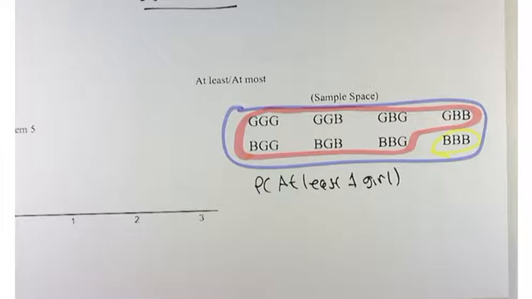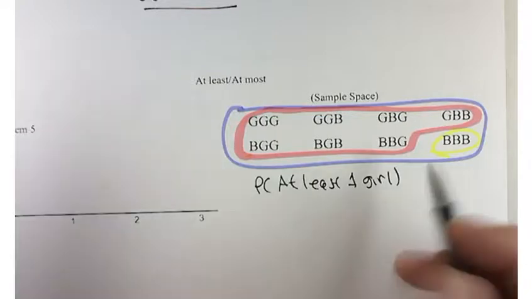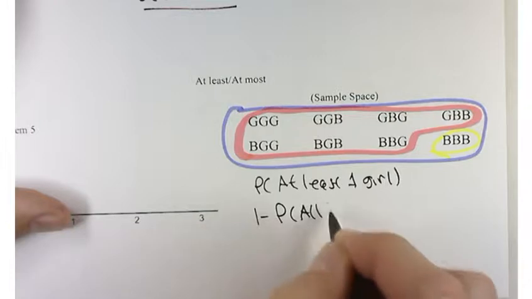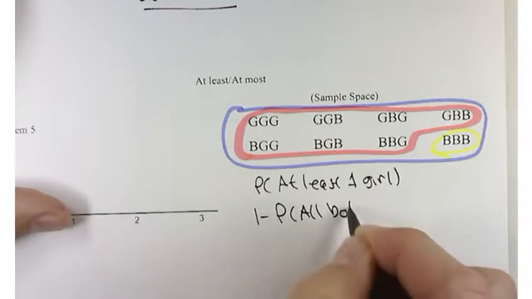Can anyone think of a shortcut to calculating this probability? I'm talking about not the answer, but a shortcut to how we calculate it. Connor. Yeah. So we're going to do it as 1 minus the probability of the complement. So 1 minus the probability of all boys.